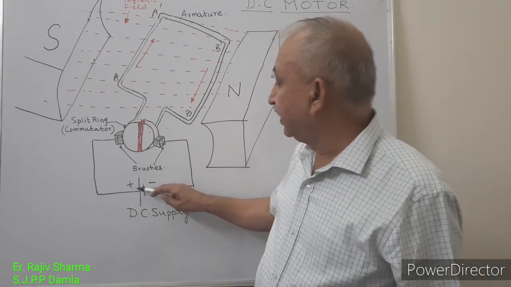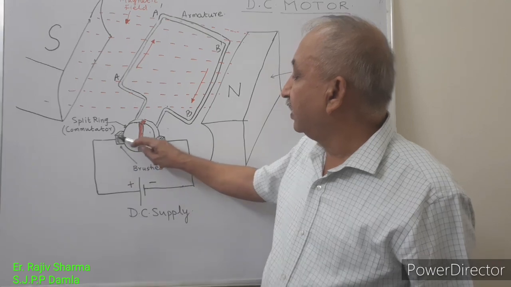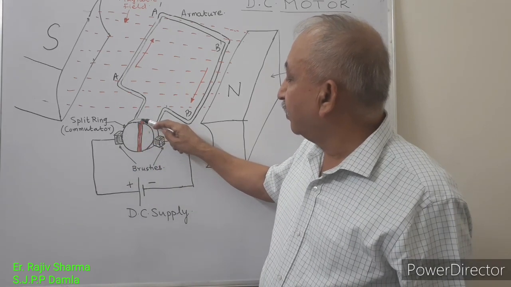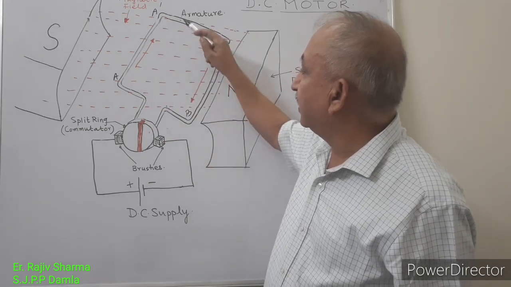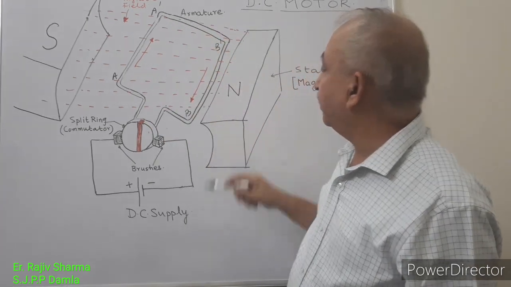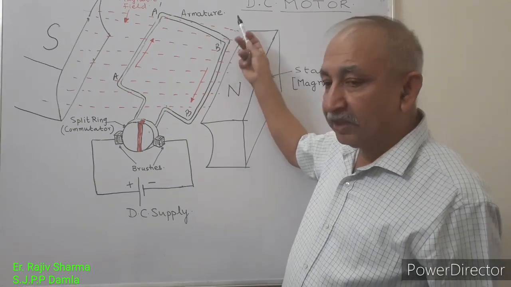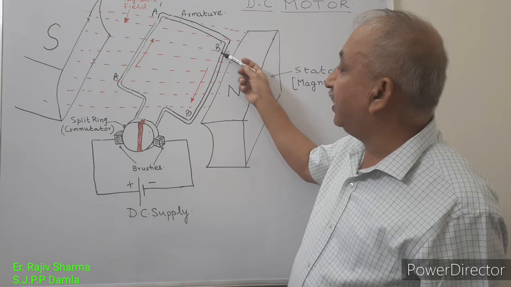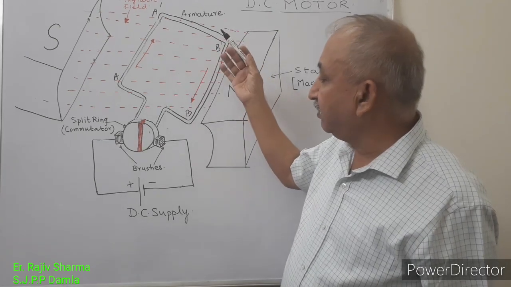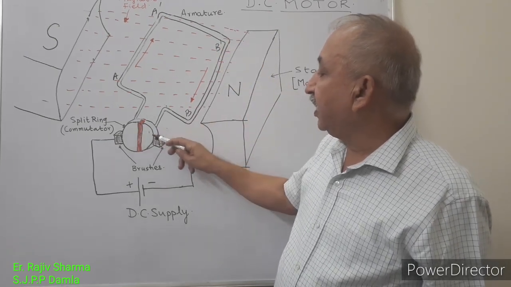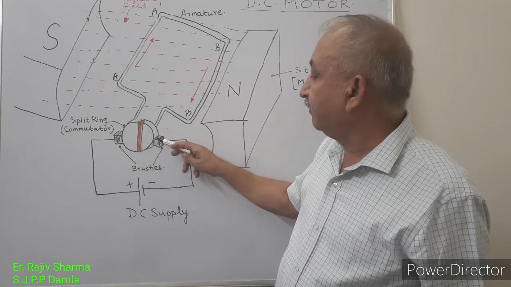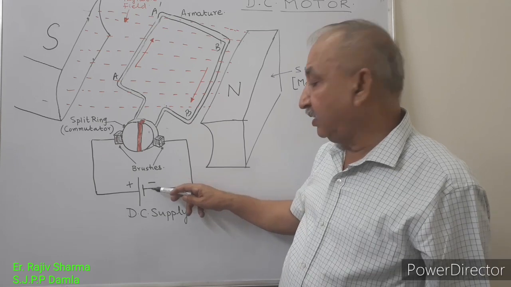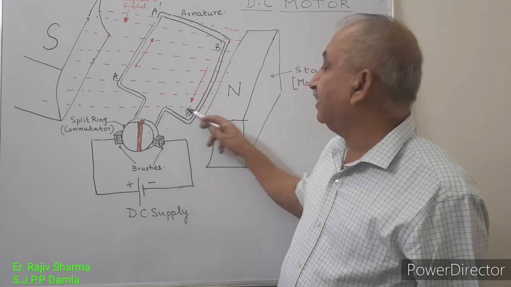So whenever we connect the supply, the current will enter through the brushes, through the commutator and to the conductor, and the force is produced. So basically we have the armature, that part of the conductor which is under the magnetic field and on which the force is produced, the split ring arrangement which is called the commutator, and the set of brushes through which the DC supply enters the conductors.